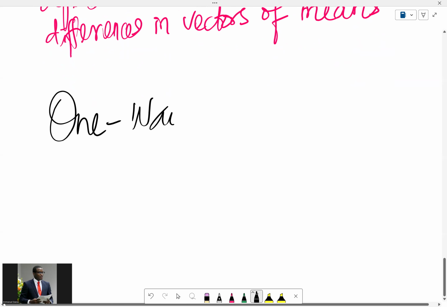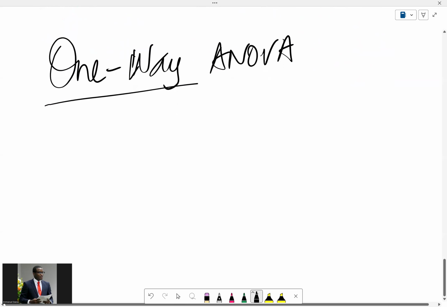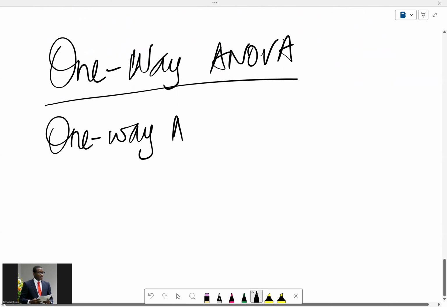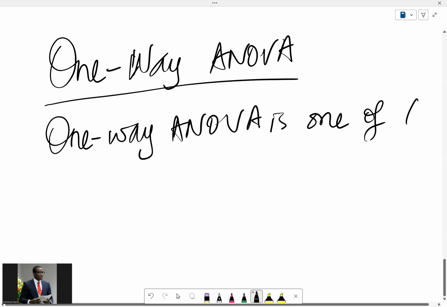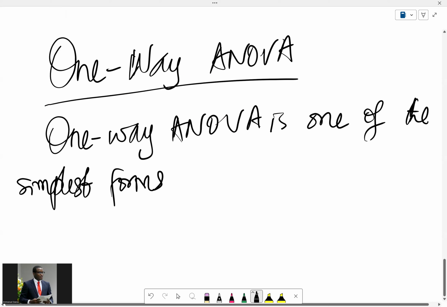One-way ANOVA, I think we have a hint of that already. One-way ANOVA is one of the simplest forms of ANOVA.